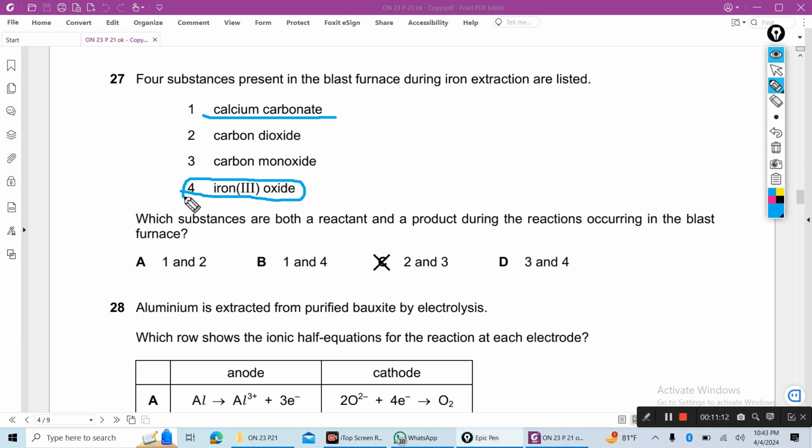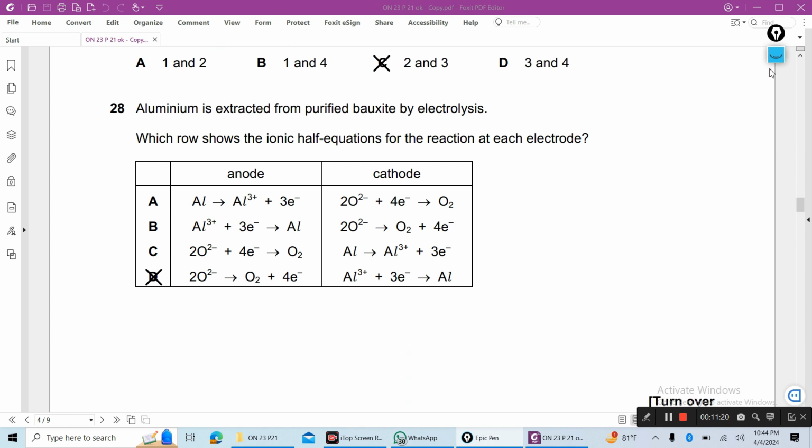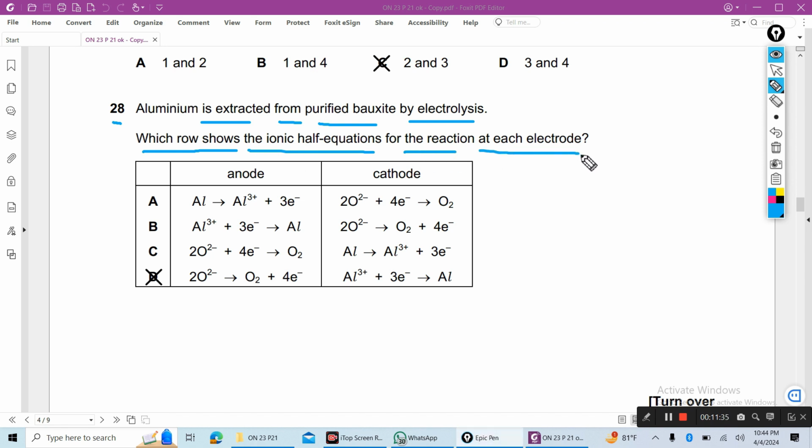Next one. Aluminum is extracted from purified bauxite by electrolysis. Which row shows the ionic half equations for the reaction at each electrode? Aluminum oxide breaks down to form aluminum 3 plus ions and oxide ions.